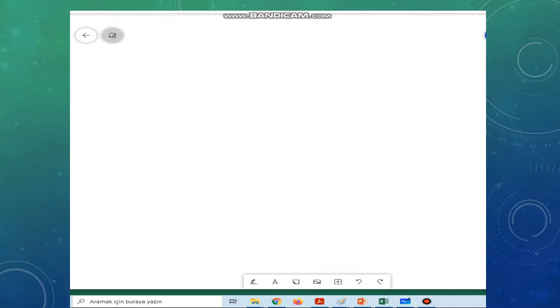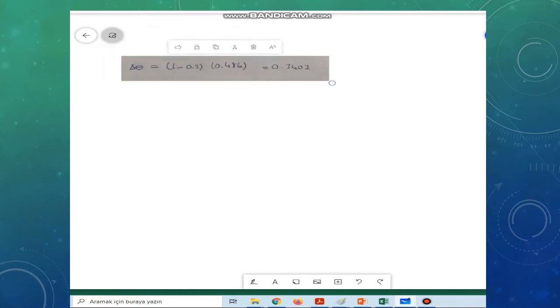Okay, first let's find delta theta in numerical form. It was 1 minus effective saturation, which is 0.3, multiplied by effective moisture content, which was 0.486 from the table. When we multiply, we find 0.3402. This is our change of moisture content.